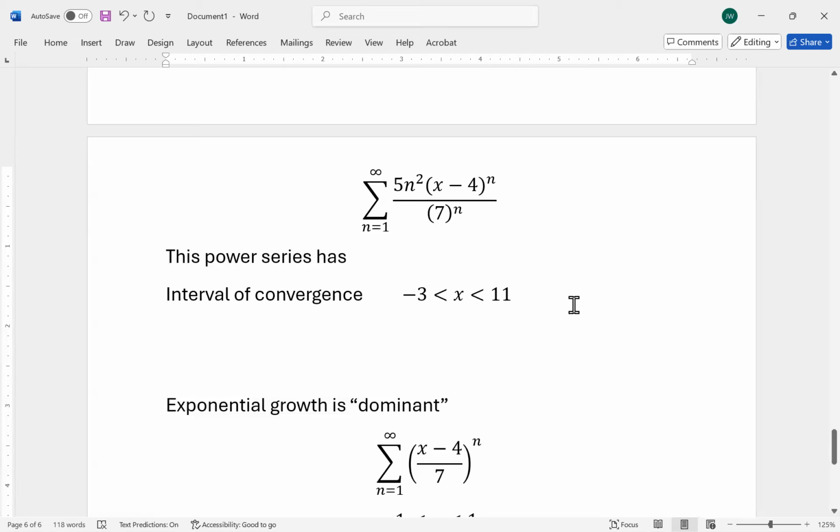Our power series is centered at 4. So the radius of convergence, well, that is 7. If I have an x of 4, then that's the center. It's 7 units to hit the 11, 7 units down to hit the -3.